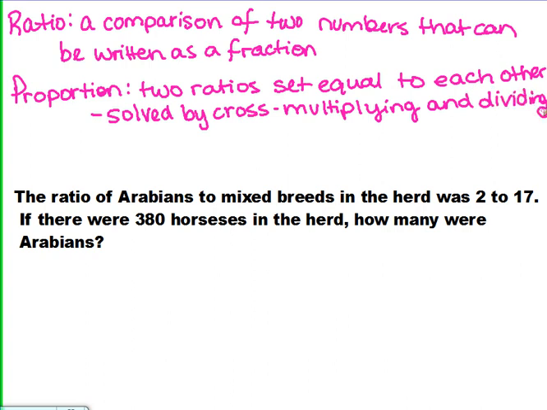Right, so a proportion is two ratios set equal to each other, and it can be solved by cross multiplying and dividing. Solving the proportion is not the hard part. Setting up the ratio is what's going to be the hard part in these types of problems.